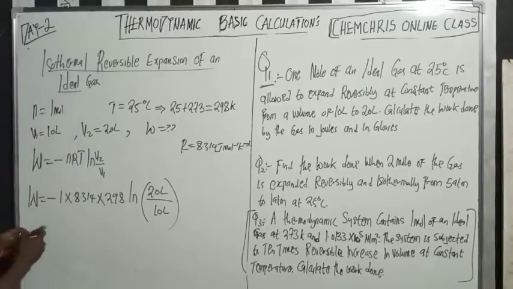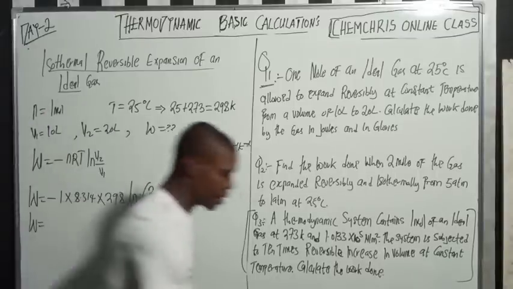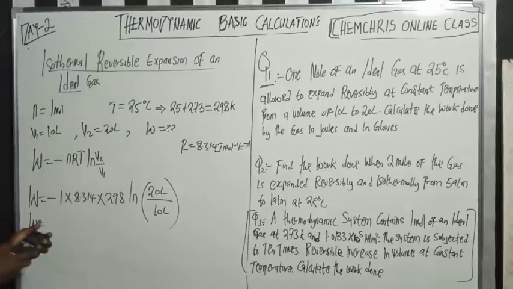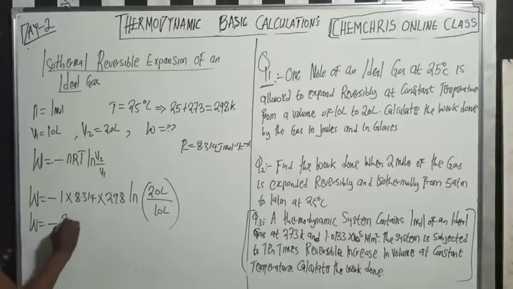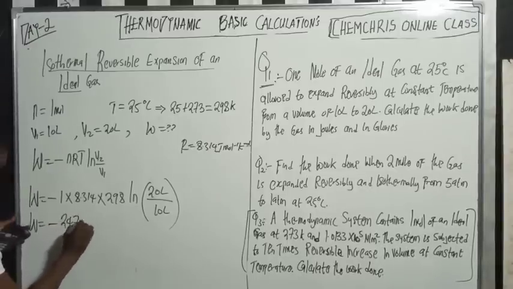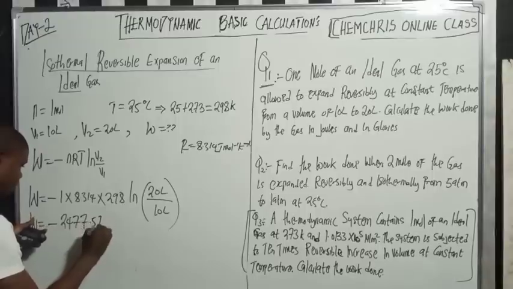So what happens if you multiply it here? You have 1 times 8.314 times 298, right? So you have minus 2477.572.